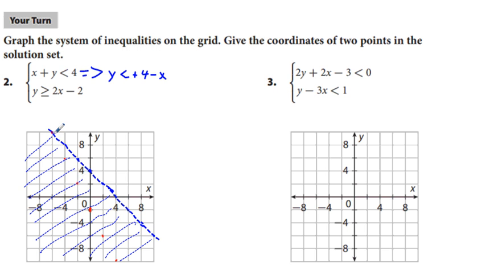So we're going to be looking like this, and that's going to be greater than. So it's solid, equal to, greater than. So here we go. Slope of 2 and greater than. So we're going to shade up above this red line.